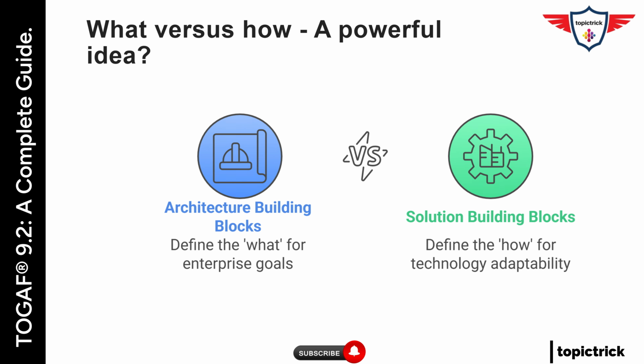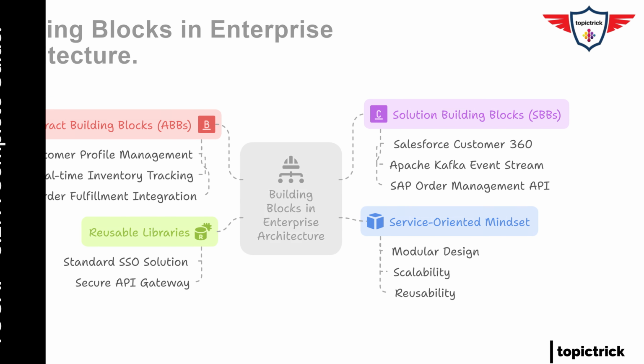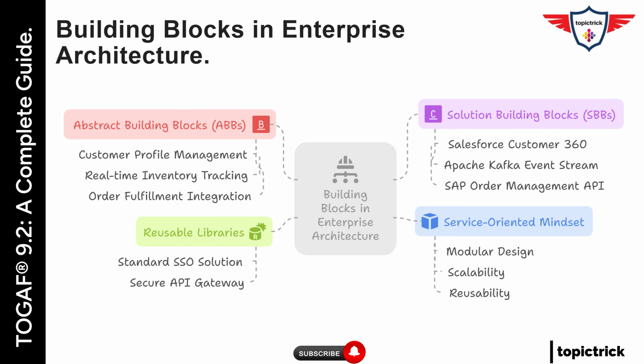Let's look at a real-world example. Suppose a large e-commerce company is building a unified customer experience across mobile, web, and in-store systems. At the architecture level, ABBs might include customer profile management, real-time inventory tracking, and order fulfillment integration. These are broad, technology-agnostic capabilities.